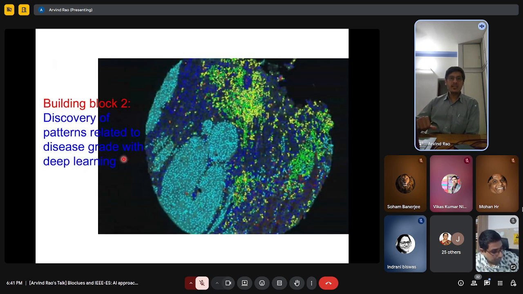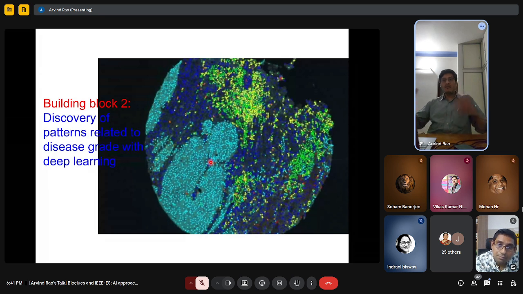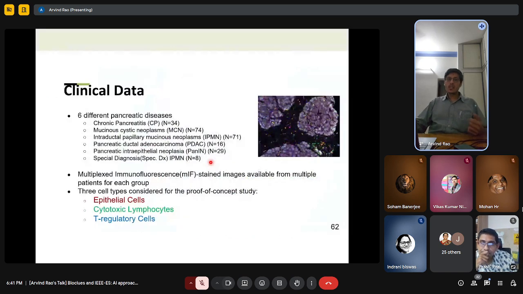So a typical image that we are getting looks a little bit like this. Here again, this is actually a piece of lung cancer tissue. And every dot you see is one cell. Every color of dot is a different type of cell. And we get these images and our clinical colleagues say, get me a number, help me make sense of this data, right? And so what we did was we pursued a problem where we wanted to classify images from 6 different kinds of pancreatic disease based on this kind of staining of cells.